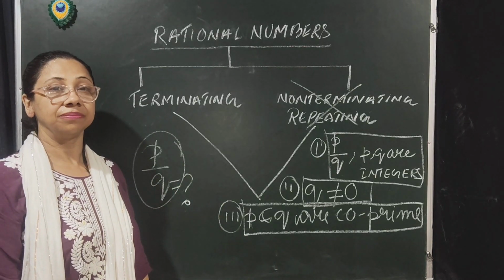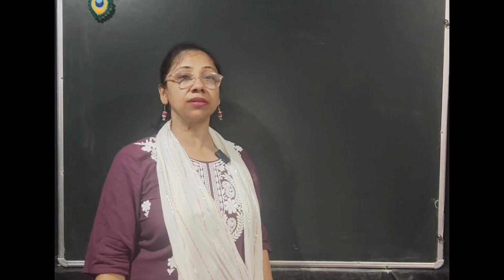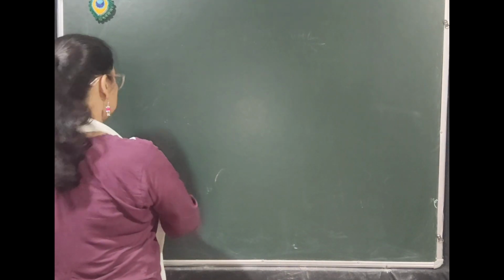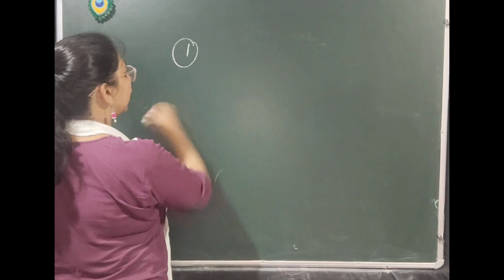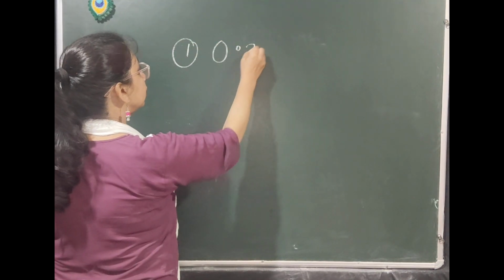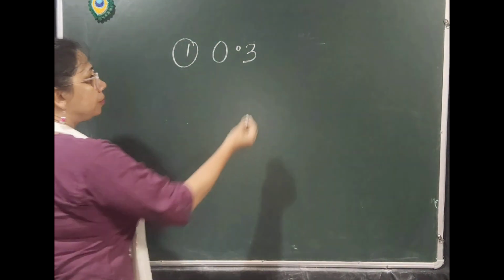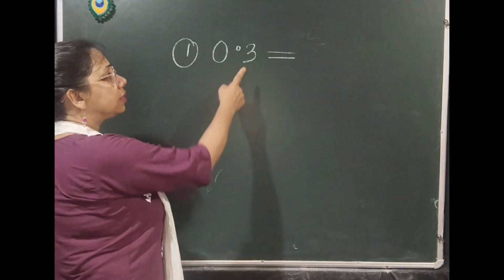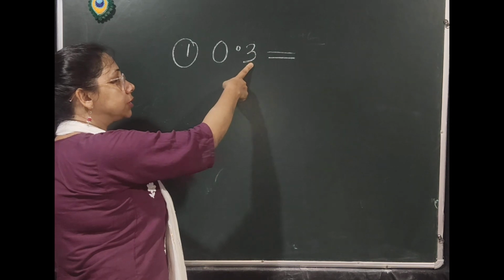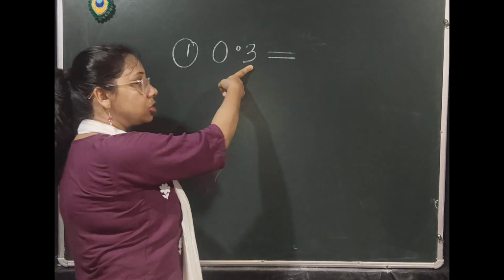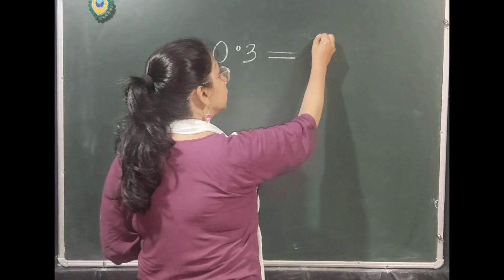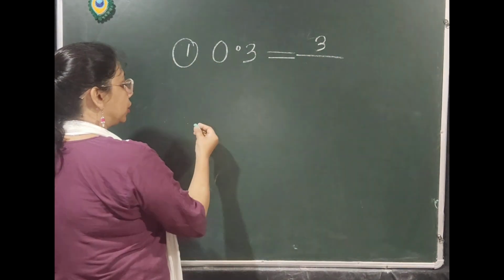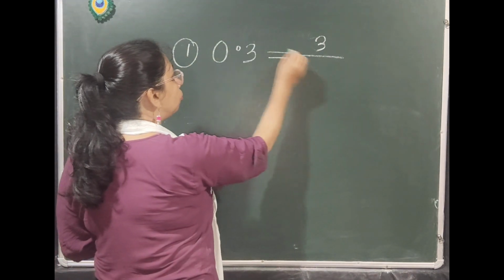Let us check. Let us discuss with certain examples. Let us take the first example as 0.3. So this is a terminating decimal, because after 3 there exists nothing. So we can write 3 by, in the denominator we can write down 1.